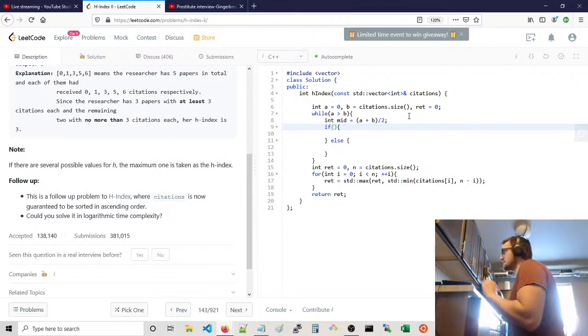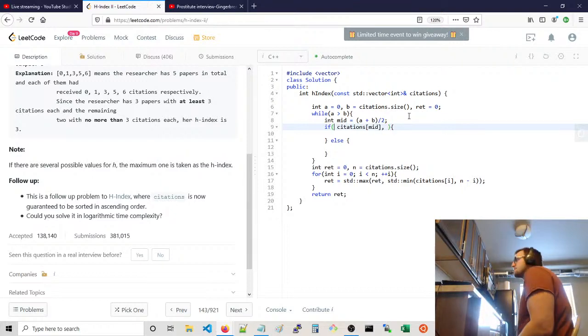So at citations of mid, if... see, that's the part that's confusing. We're going to loop. How does this work?